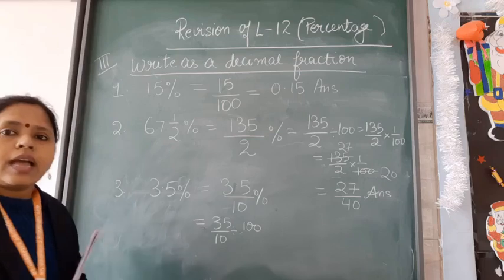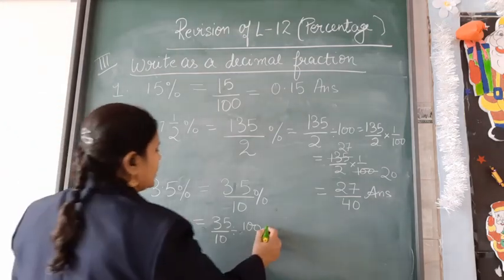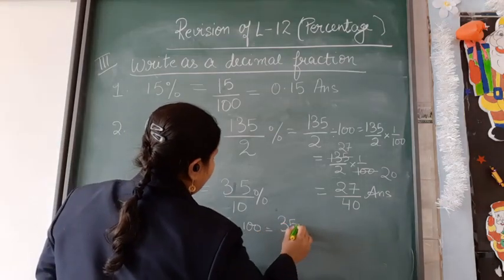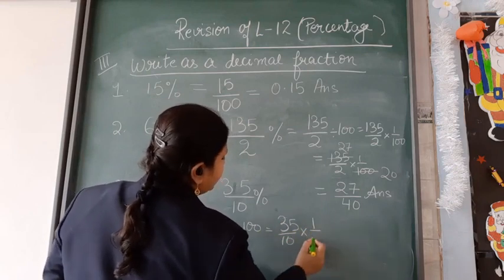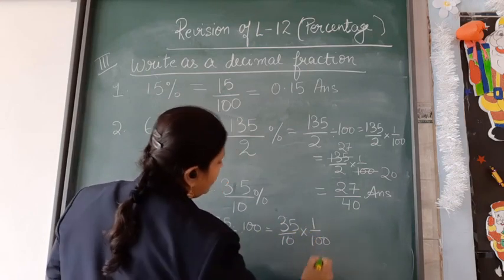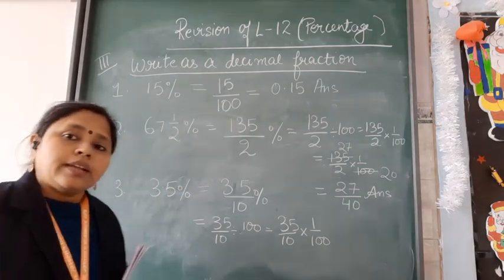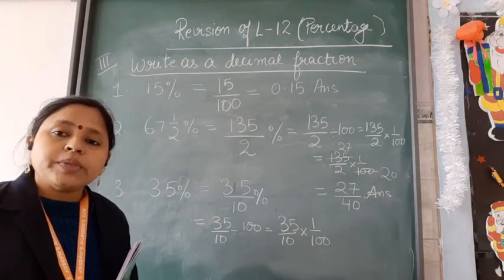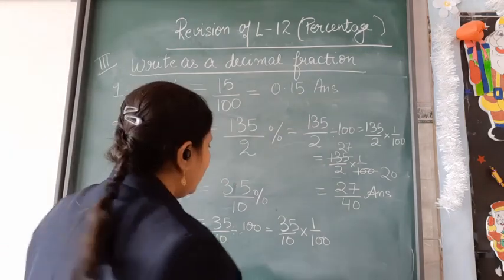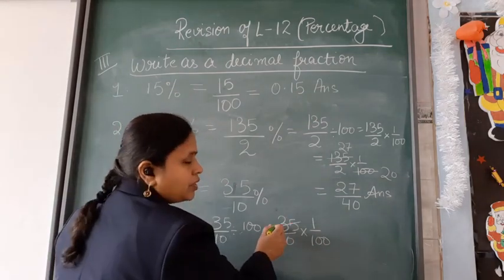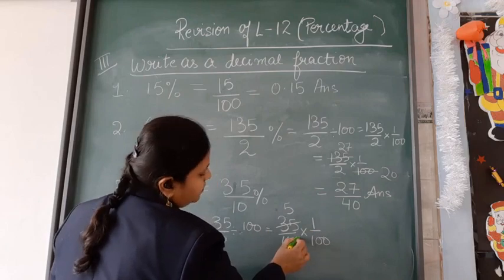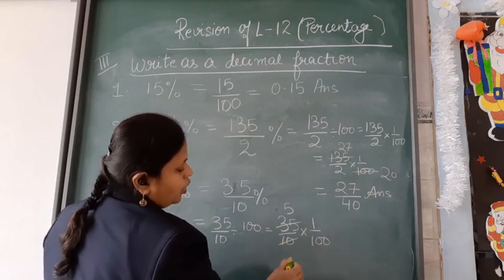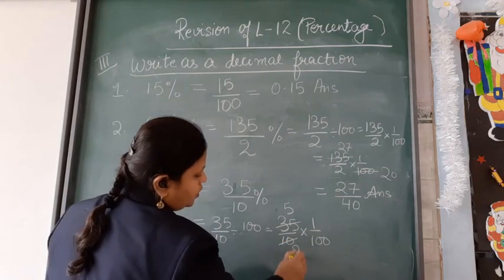Okay. And now children, what we will do? We will write the reciprocal of 100, that is 1 upon 100, and now we will see if we can divide the numerator and the denominator by any common number. So yes, we can divide the 35 in the numerator by 5 and we can divide 10 in the denominator by 5 and we get 2, right?